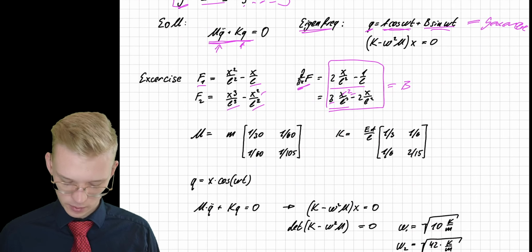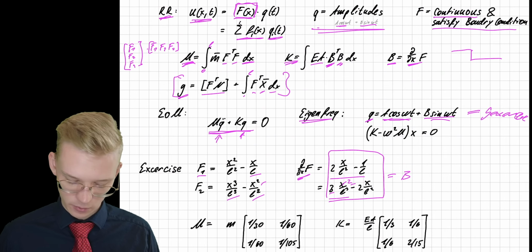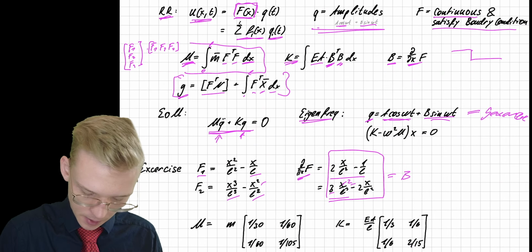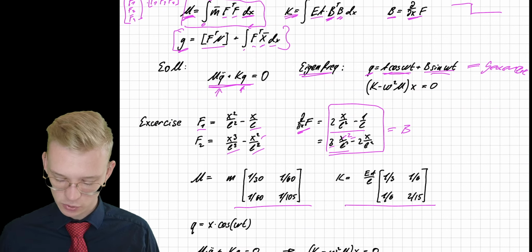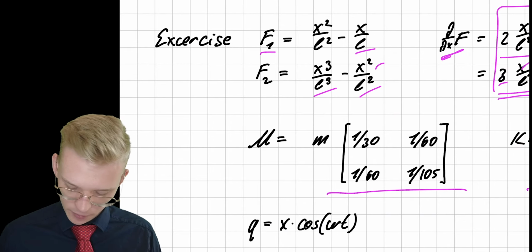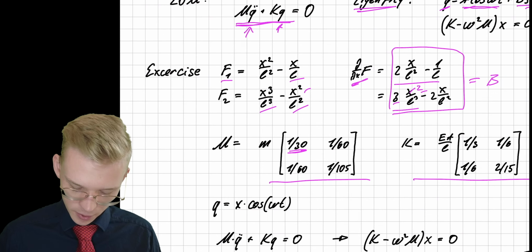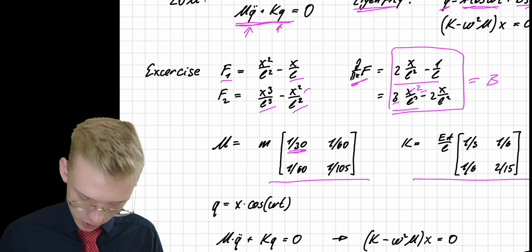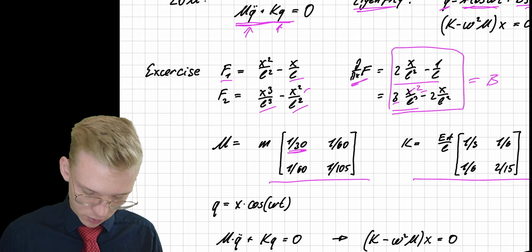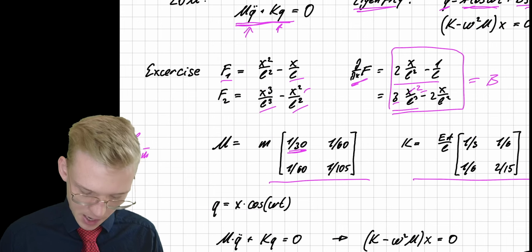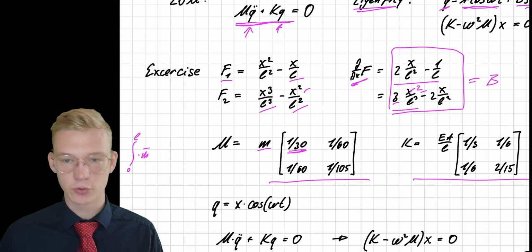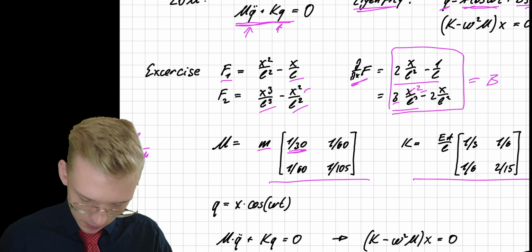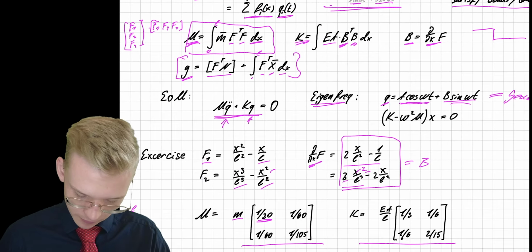So if we now follow this form, we will get this mass matrix and this stiffness matrix. Let's look at the mass matrix where we, for example, want to get this 1/30. This is achieved by doing the integral from 0 to L times our mass per unit length, which will equal the mass because we integrate over the whole length, times what was our first function?